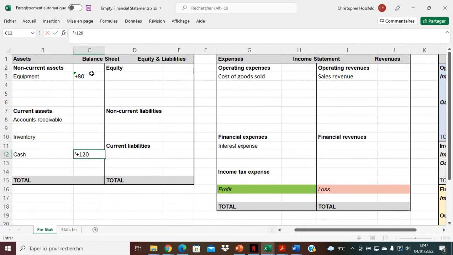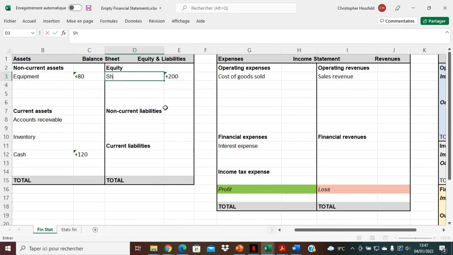So in total, all the assets increase by 200. The resources of the company increase by 200. Who provided those resources? Do they come from shareholders or creditors? As we know here, they come from shareholders, so equity will increase. How much financing did the shareholders provide? In total 200, 80 in the form of equipment and 120 in the form of cash.